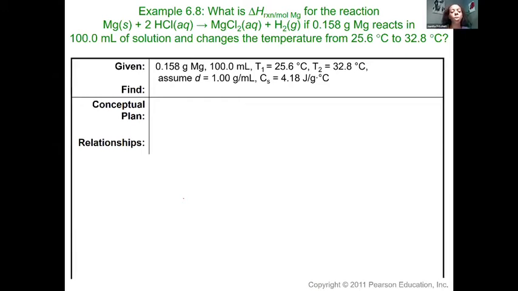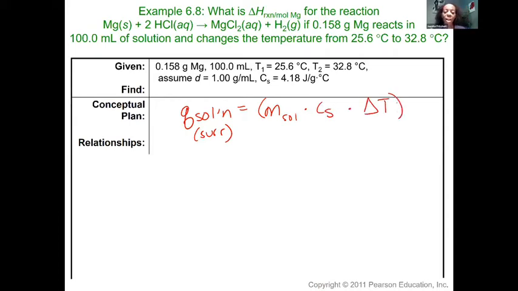Since we're dealing with the coffee cup calorimeter, a constant pressure situation, we want to figure out the heat of the solution first. Again, the solution represents our surroundings, so that's the mass of the solution times the specific heat of the solution times delta T. Be very careful on this problem.